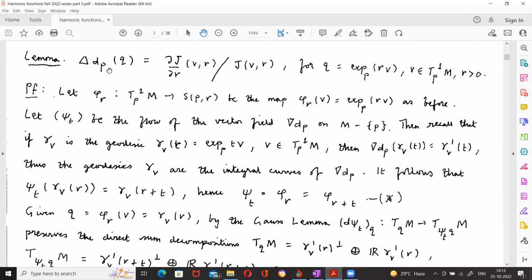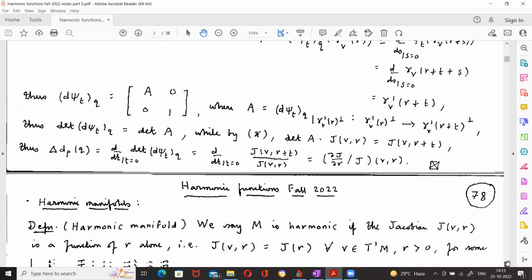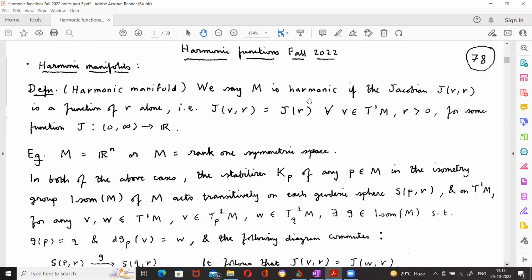We computed the Laplacian of the distance function as a logarithmic derivative of the Jacobian in the radial direction, so del J del R divided by J. Then we defined a harmonic manifold to be a manifold where the Jacobian is a function of R alone, so it doesn't depend on the unit tangent vector V.